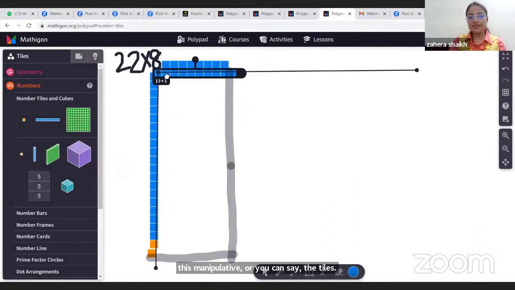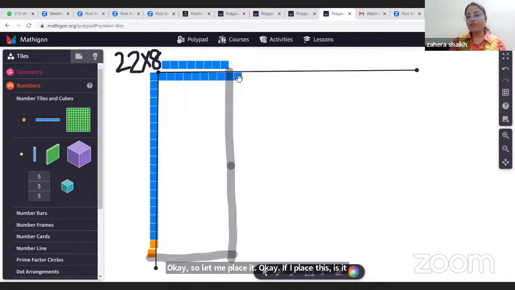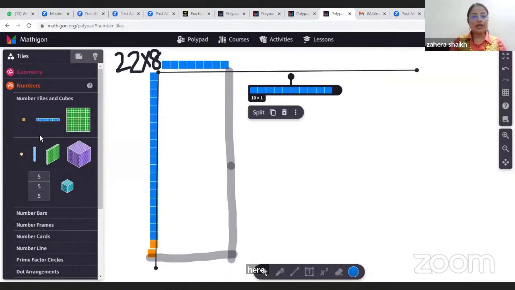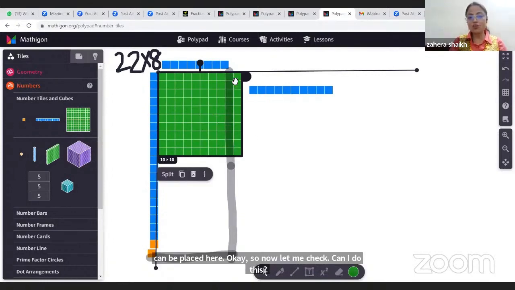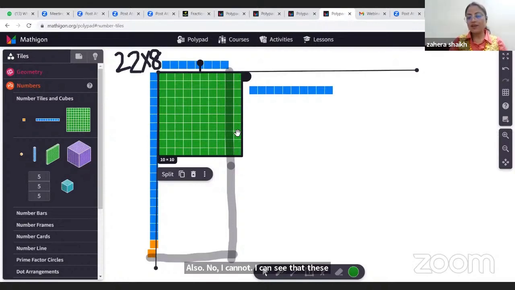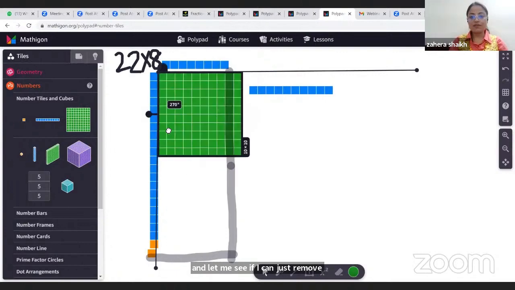If I place this, is it fitting over here? No, it's not fitting. I can see that one is extra over here. Okay, so now let me check. Can I do this also? No, I cannot. I can see that these 2 rods, 10 rods of tens, are extra. So I need to split it out, and let me see if I can just remove it, right?